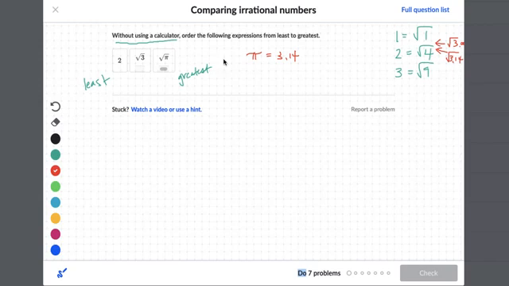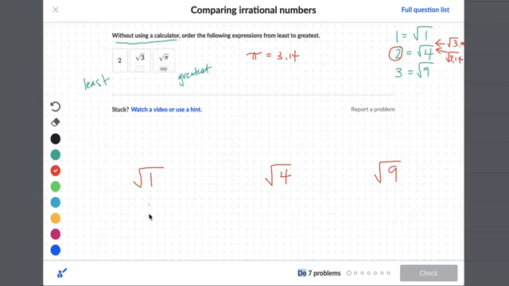So then we have to figure out, so here we already know what's less and what's greater. The 3 is obviously less than 3.14. Now where is 2? 2 would be right here. So we have square root of 1 as the smallest. Then we have square root of 4, and then we have square root of 9.